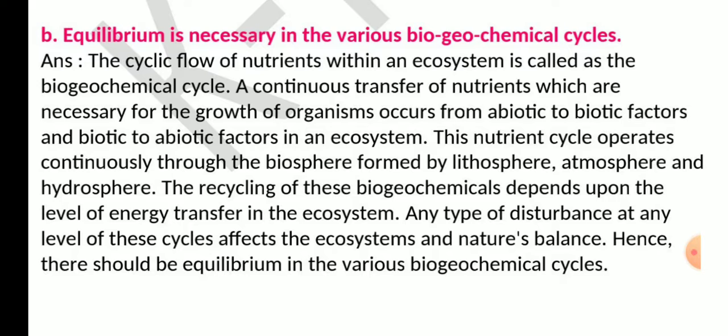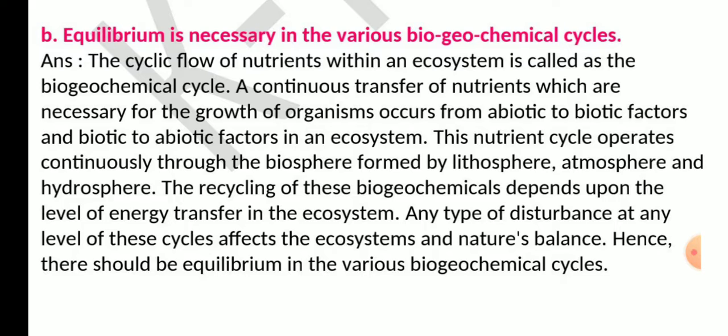Answer. The cyclic flow of nutrients within an ecosystem is called as biogeochemical cycle. A continuous transfer of nutrients which are necessary for the growth of organisms occurs from abiotic to biotic factors and biotic to abiotic factors in an ecosystem. This nutrient cycle operates continuously through the biosphere formed by lithosphere, atmosphere and hydrosphere.